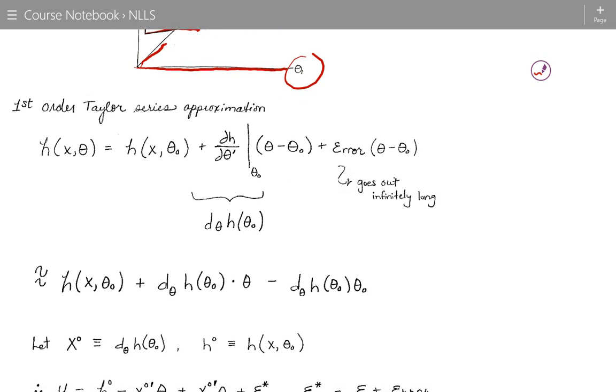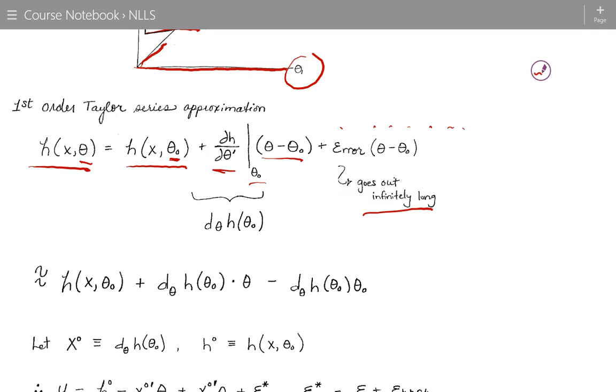And so here's how we do that. We take a first order Taylor series approximation. So here is our h, and at any theta, we evaluate it at theta naught. Add to that the first derivative of h with respect to theta, evaluated at theta naught, times theta minus theta naught. And then we have the error here, which is the rest of the Taylor series that goes on infinitely long.